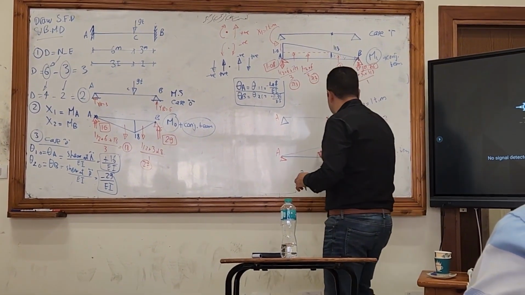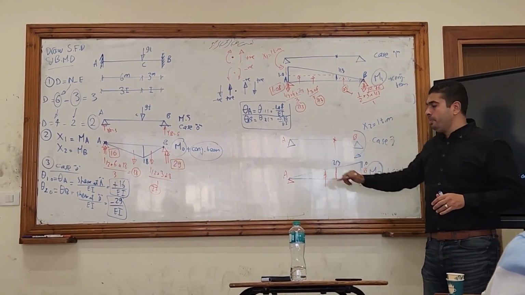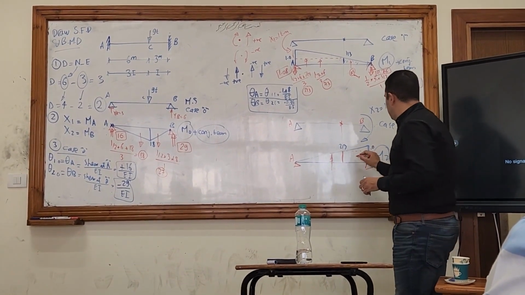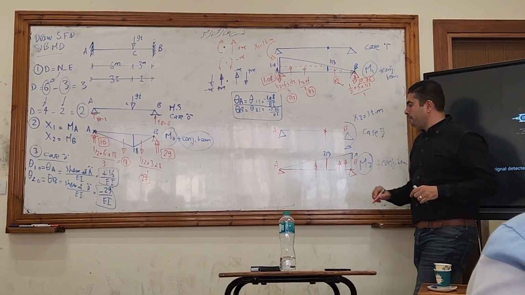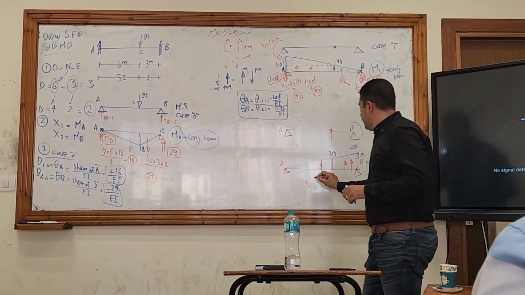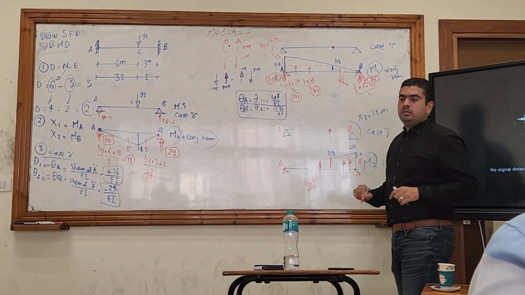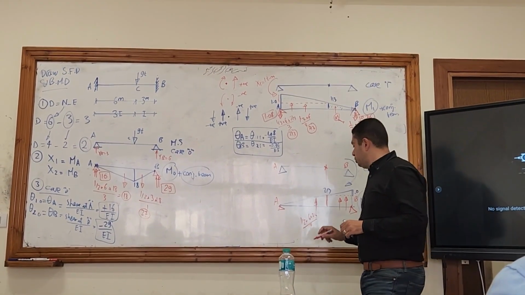Here I have a triangle upwards because it's drawn above the datum. Here I have a trapezium, which I will divide into a rectangle and a triangle. The value of this is half, base is 6, height is 2/3 divided by the inertia factor, which is 3, so 2/3.